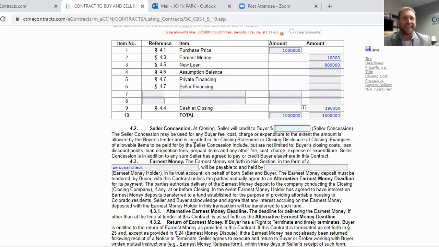So 4.2, seller concession. What is this? This is seller-paid closing costs, any type of concessions that we're going to be asking from the seller. Back when I started real estate in 2008, this was an automatic 3%. However, in the current market conditions, you're very unlikely to represent that your seller needs to pay any closing costs or concessions.